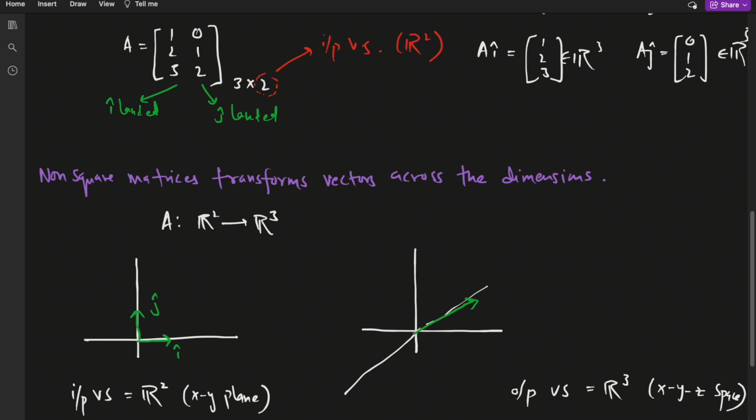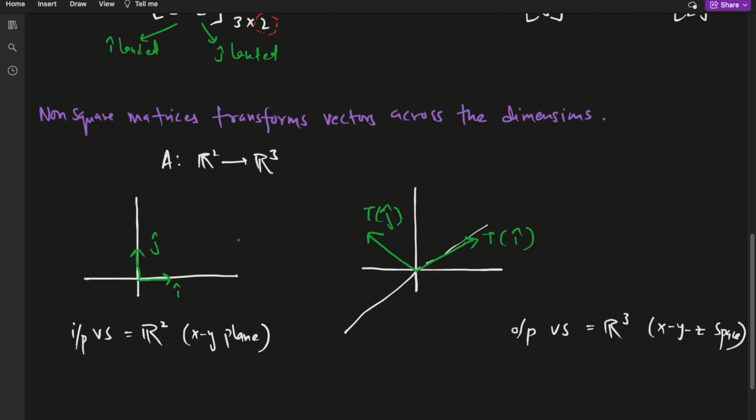If this is 0, maybe this is the xy plane. So J hat will be somewhere here. So if you see, you have moved these I hat and J hat, which were in the R2 space, the 2D XY plane, to R3 space, the 3D XYZ space, right?